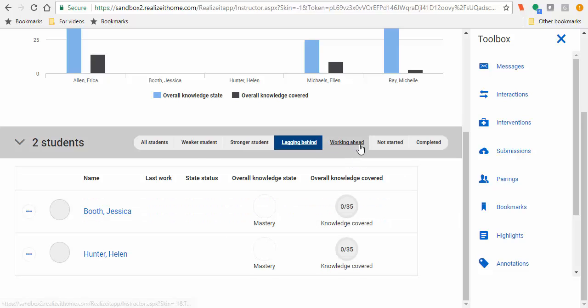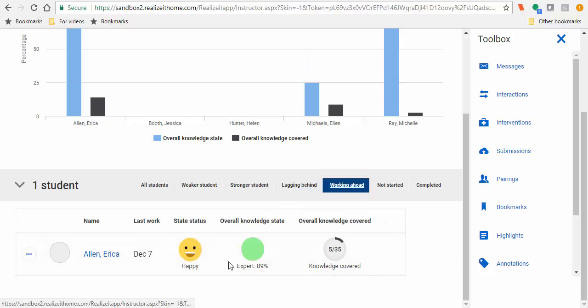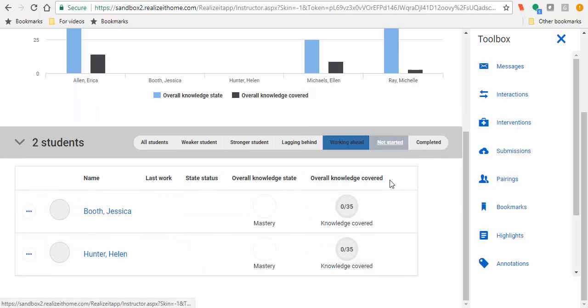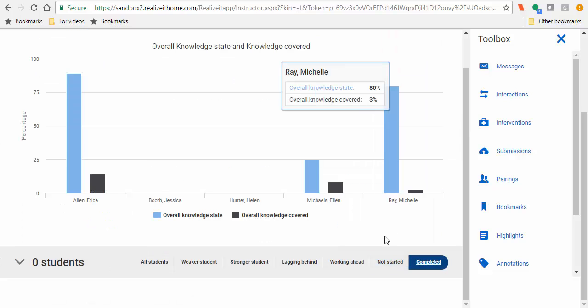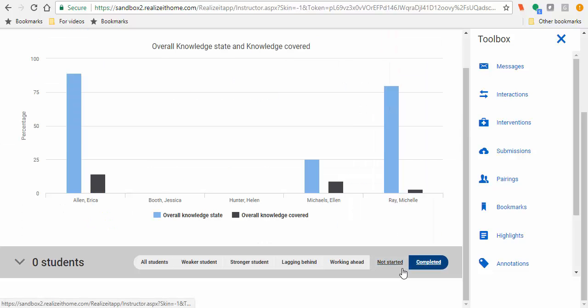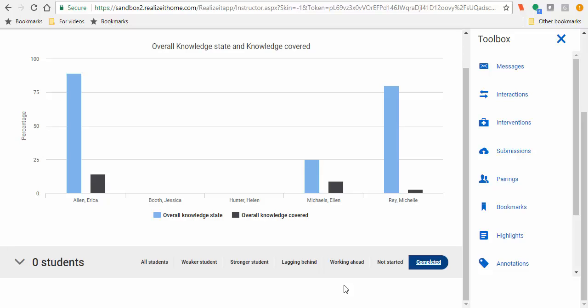Who's working ahead? So we have Erica, and she's happy. So again, someone who hasn't started, these are the same two students, and this would also show any students who had completed. So it's a nice way to really check in, see what's going on with the students in your class.